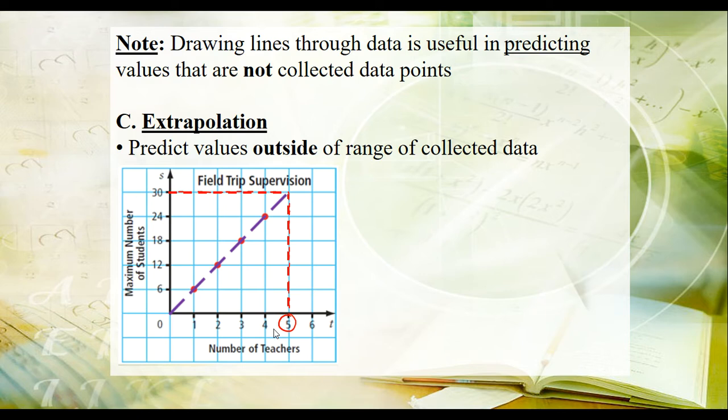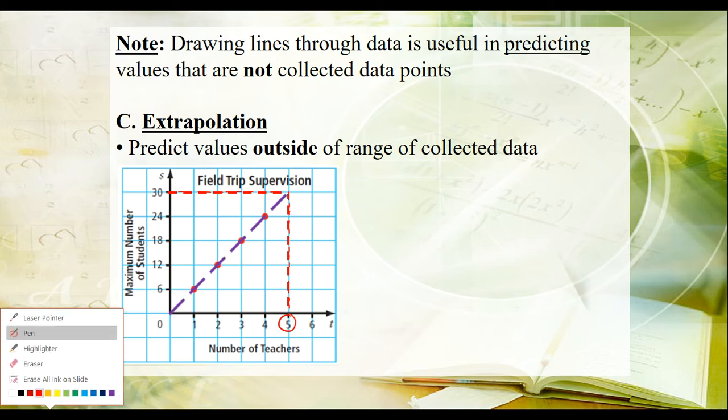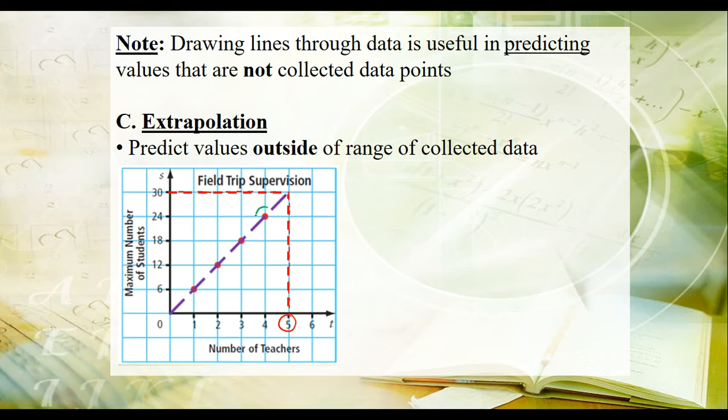Now, this is what we call an extrapolation of our data points. If you look at the graph here, the last data point I have on the graph is this point. Now, if we have any predicted value that is outside of my last data point, or outside of my first data point, so anything in this region or outside of that region, that is what we call an extrapolation.